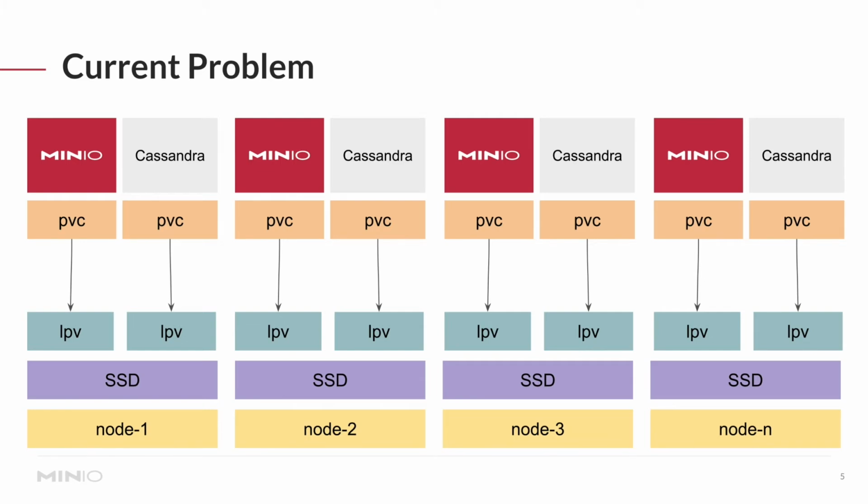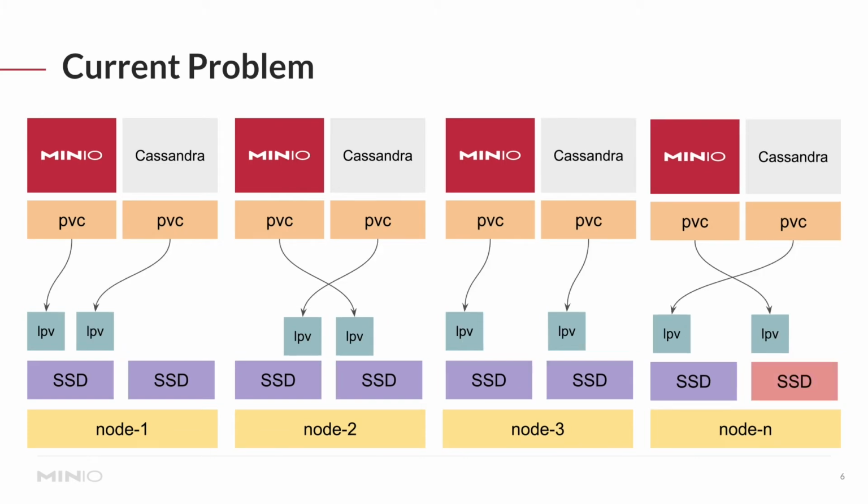And so in reality, you end up having multiple PVCs requesting multiple local persistent volumes, sometimes on the same disk, and sometimes you end up with multiple disks. So if this scenario arises where the PVCs are being allocated and stored in different drives, it becomes complicated and harder to manage. So that is one of the problems.